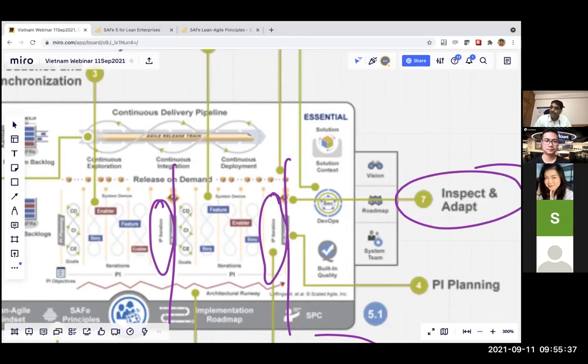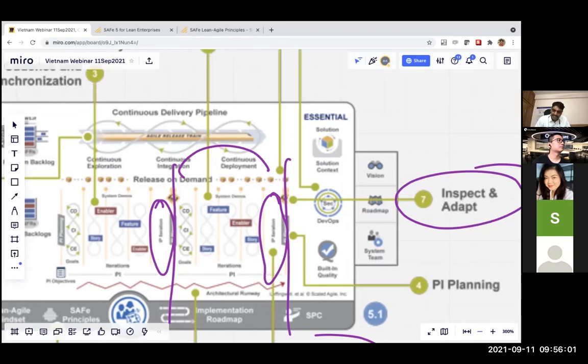So when you hit the 10 weeks, in the last 2 days you would do the planning for the next PI, the next 10 weeks. The inspect and adopt event is typically a half-day event. So 2.5 or 3 days are almost gone for planning. You are left with 7 other days.